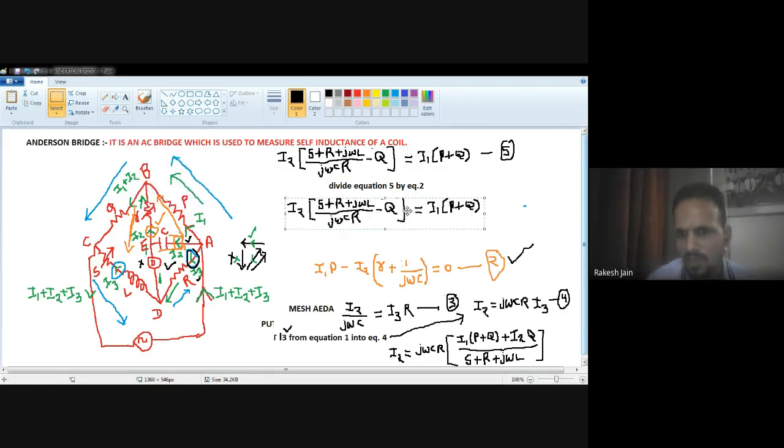This is my equation number 5, which I want to divide by equation number 2. In equation number 2, the I1 term is I1 p, so I just move it to the right hand side, and this is equal to I2(r + 1/(jωC)). So I just move this term to the left hand side. I can do this, no problem.